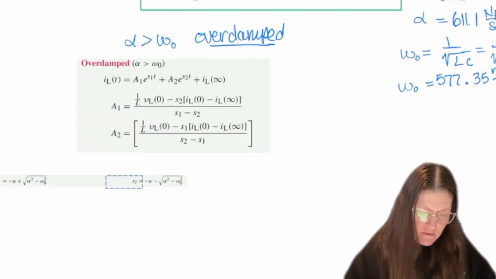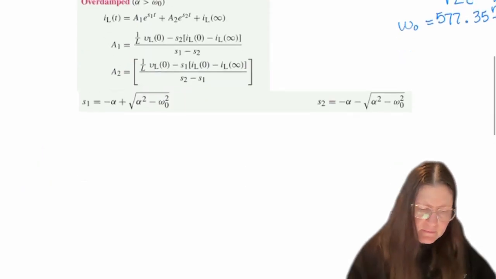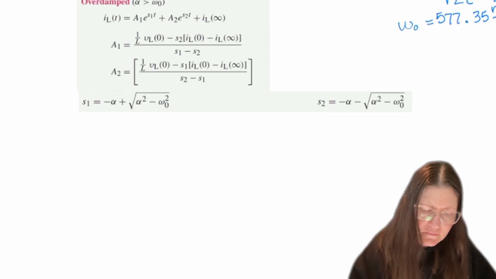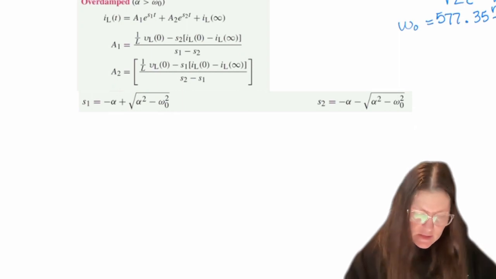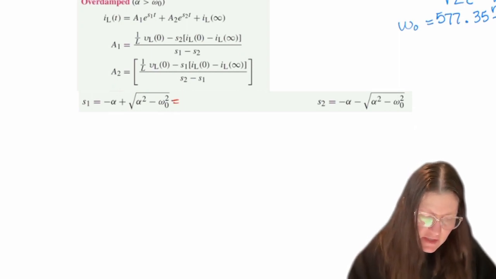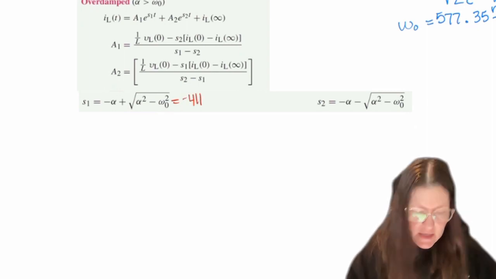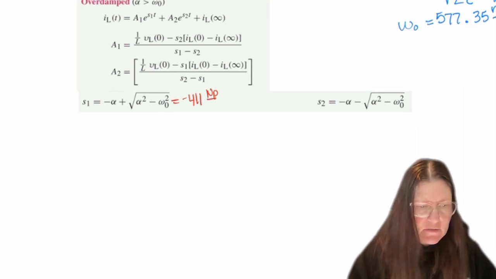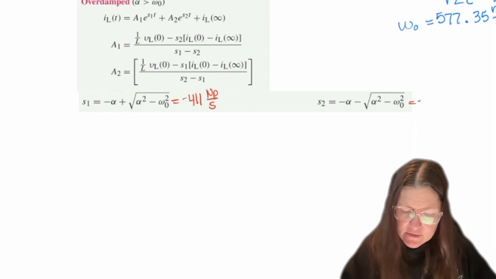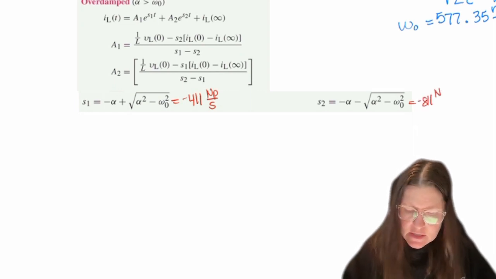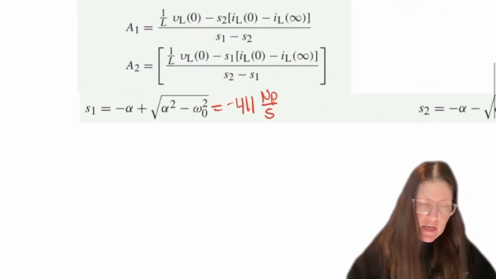And so S1, I'm going to find as minus 411. And S's are in nepers per second. And S2 is going to be minus 811. Again, nepers per second. And now we need A1 and A2.